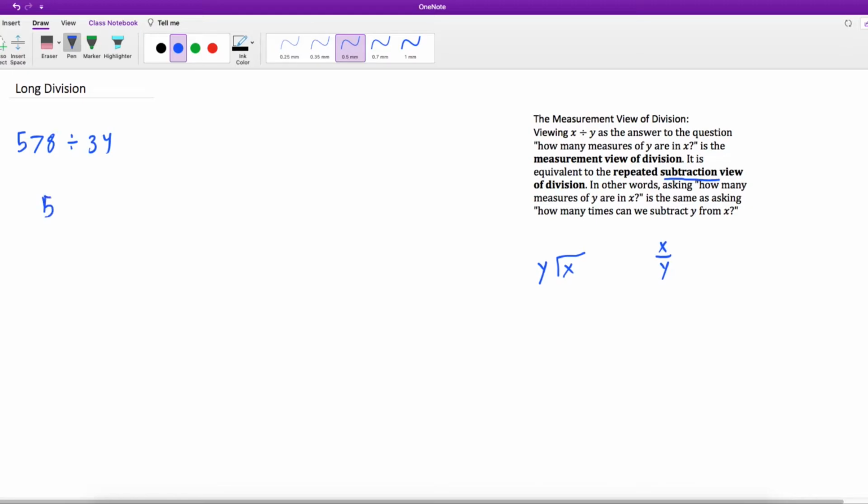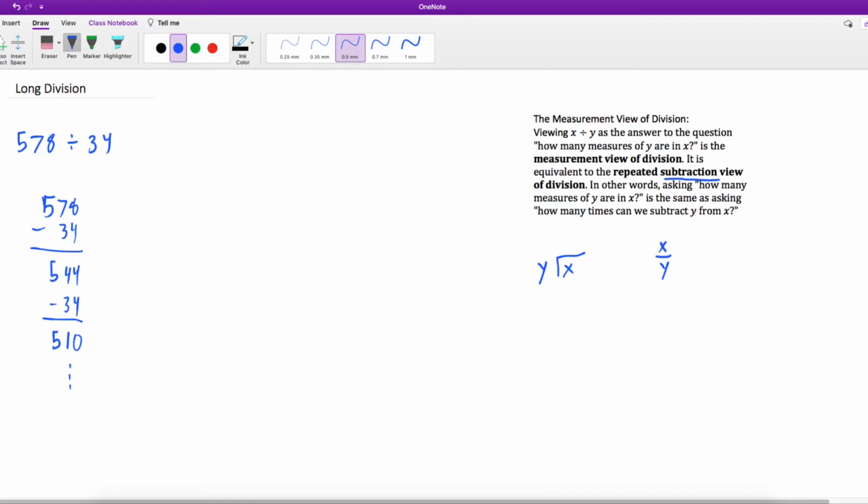We would have 578 minus 34 gives you 544, and then you would take 544 and subtract 34, you get 510, and so on. Now you would end up doing that 17 times. I know this because I've already calculated it. But if you wanted to calculate this way, you would have to continue 17 times, and that takes a while.